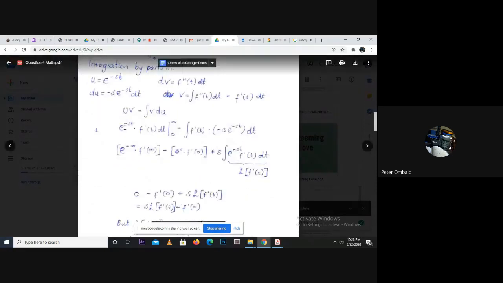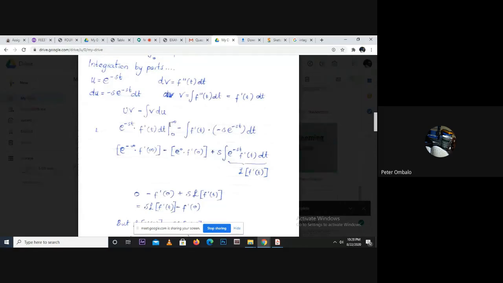So for the first part, we're going to have e to the negative infinity multiplied by the first derivative of the function at infinity. I hope that's clear. Minus e to the 0. Now we are evaluating it at 0. E to the 0 multiplied by the first derivative of the function at 0, right?